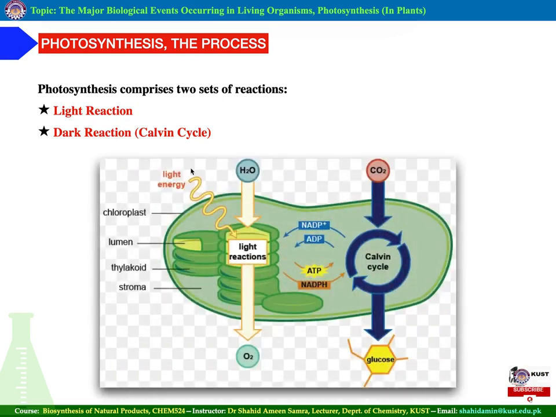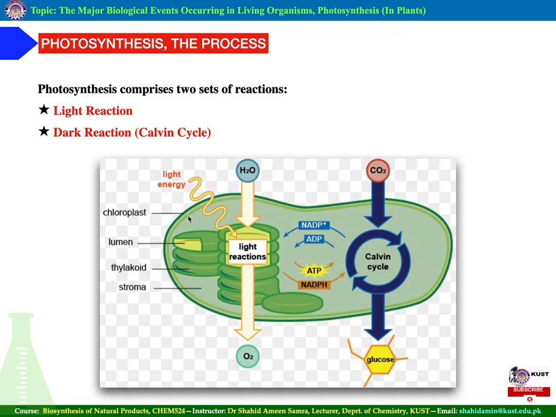So when we look at where these sets of reactions happen, as we discussed before, the process of photosynthesis happens within the green plants. Within the cells of the green plant, there are specific organelles that are known as plastids, and out of these plastids, the green colored plastids are known as chloroplasts.